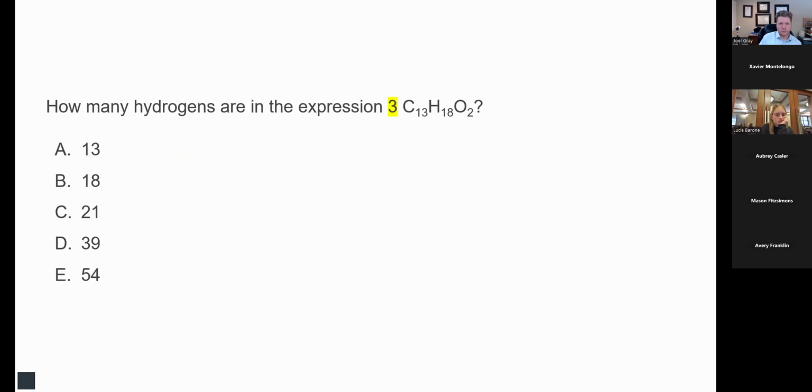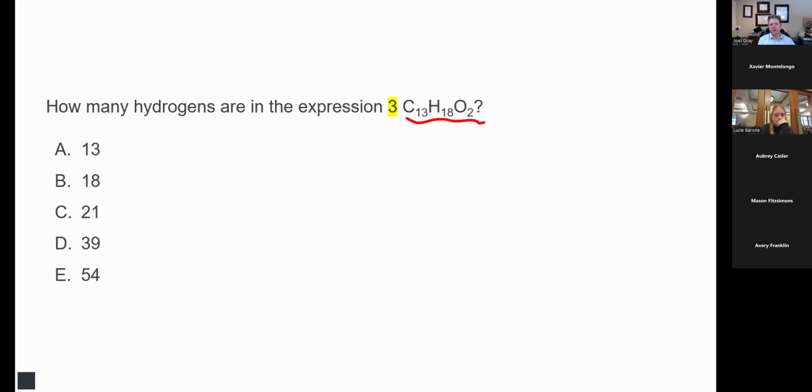Now, here we have a good question that is taking an inventory of everything. This could be asked a couple of different ways. One question is, how many ibuprofen molecules are we talking about? 3.